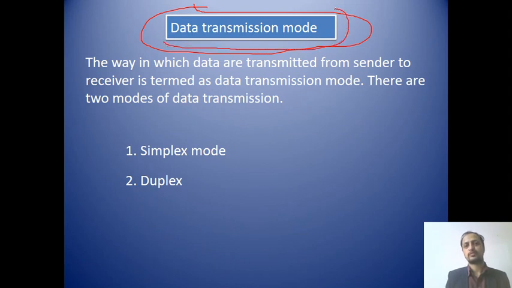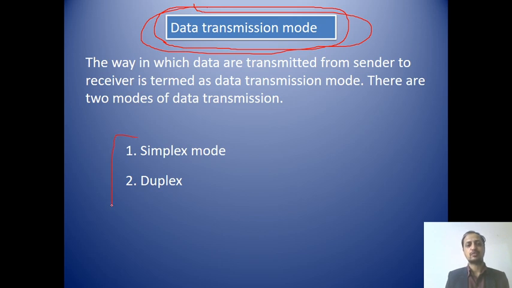In the previous video, we discussed different types of media, the wired and wireless media. Now in this video, we discuss data transmission mode. Whenever data is transmitted from sender to receiver, it can be transmitted in different ways.